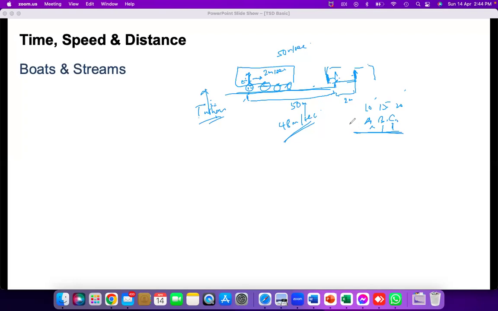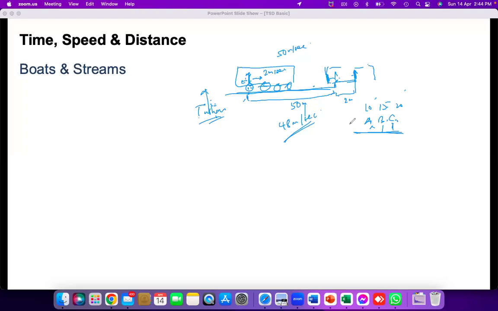No, relative speed of A, B, and C. All moving in the same direction. No, I'm asking about relative speed. Difference of 5, na? I mean, it will be different for each. Like for A, it will be okay.